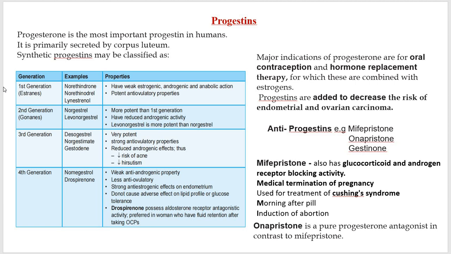And then we started the gonadal hormones, the gonadotropins and gonadal hormones. We saw the estrogen and progestin, and in the case of estrogen we saw the different selective estrogen receptor modulators and anti-estrogen drugs.